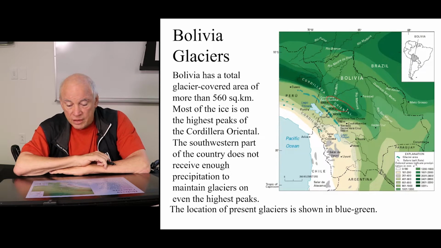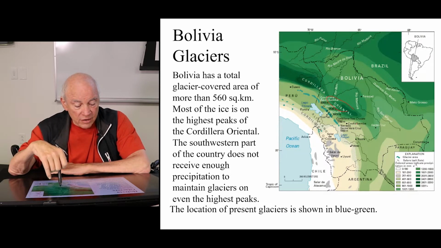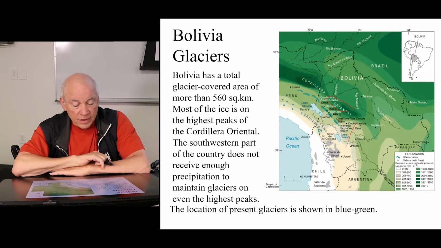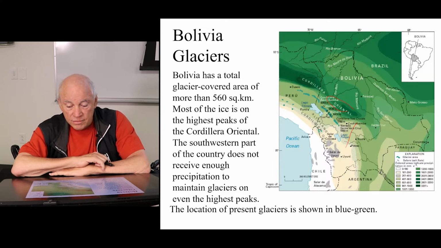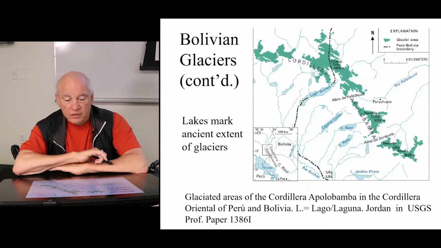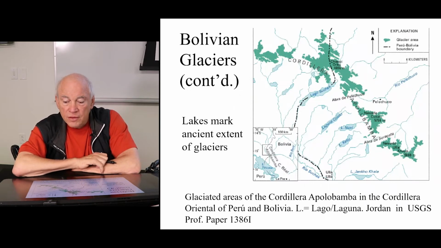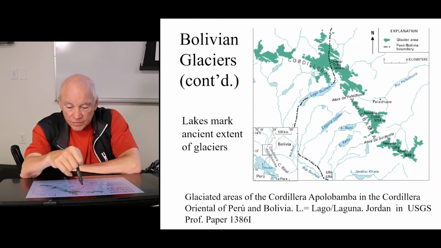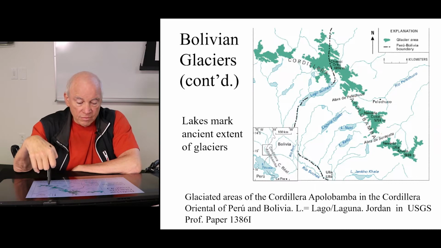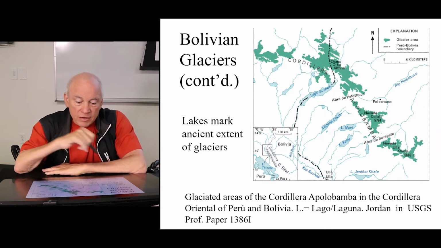And there's not enough rain down here, or snow on these peaks, to provide enough for glaciers in these regions. All right, so here are the Bolivian glaciers coming through here. And pay attention to these lakes.